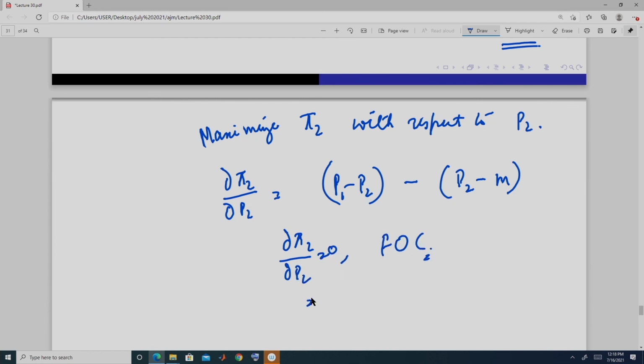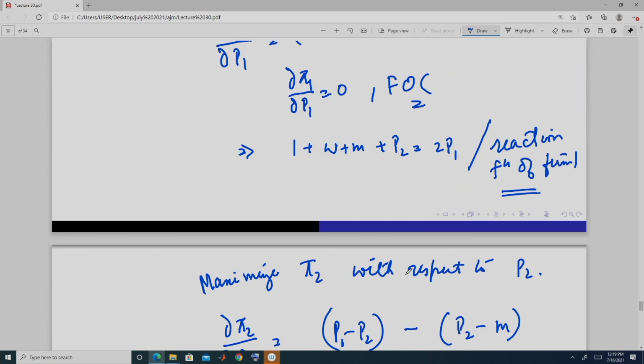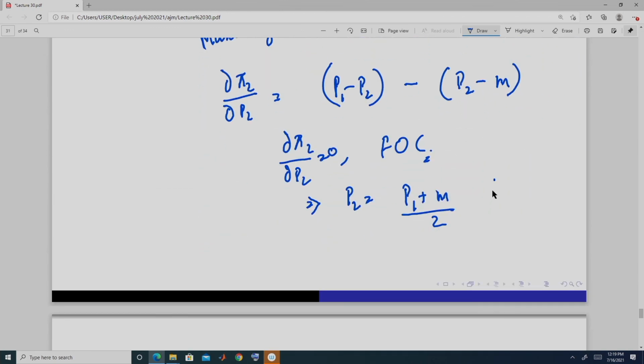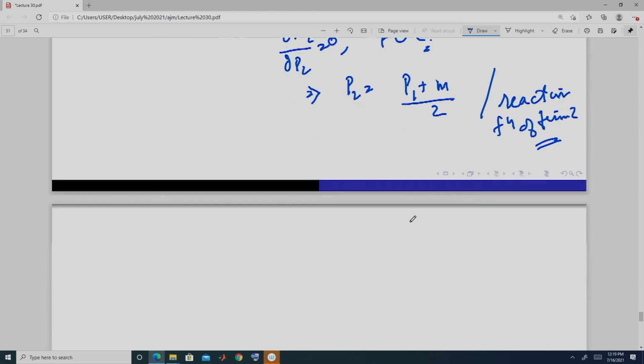So, we get P2 is equal to (P1 plus m) divided by 2. This is the reaction function of firm 2. Now, we solve these two reaction functions.